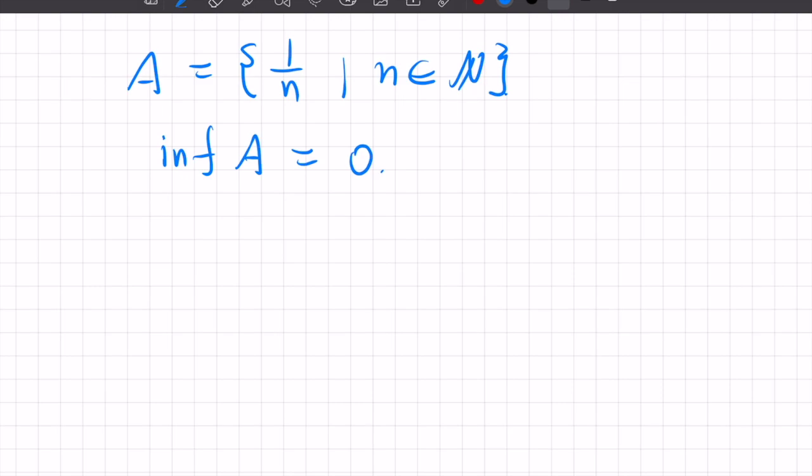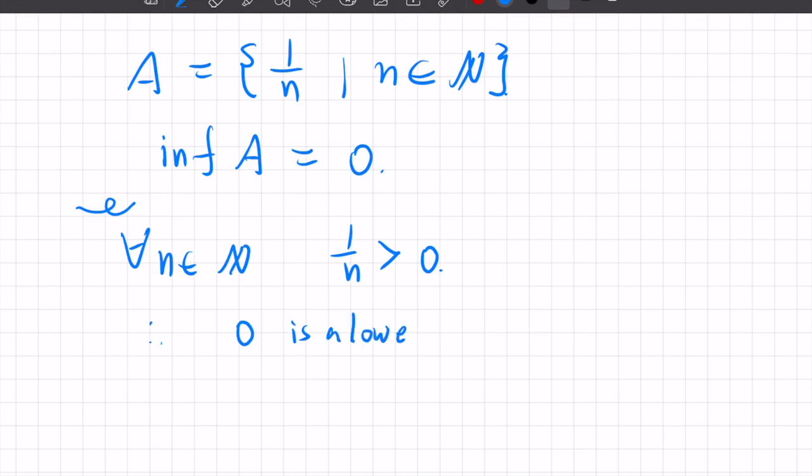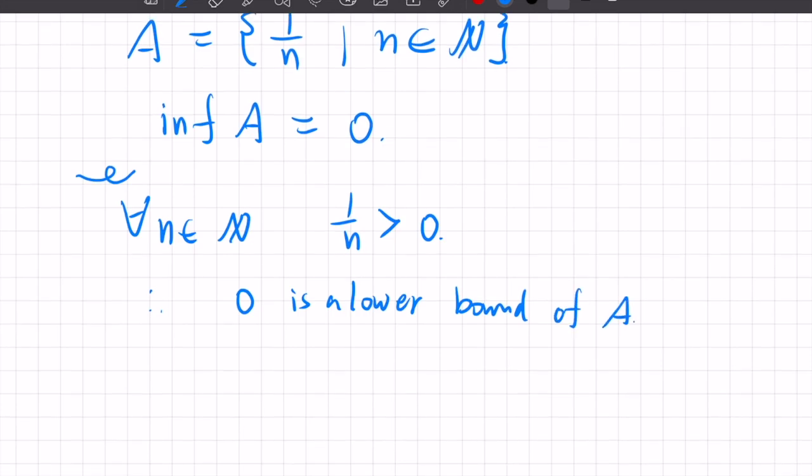First of all, for any natural number n, we know that 1 over n is greater than 0. So that's trivial. That means 0 is a lower bound of A.